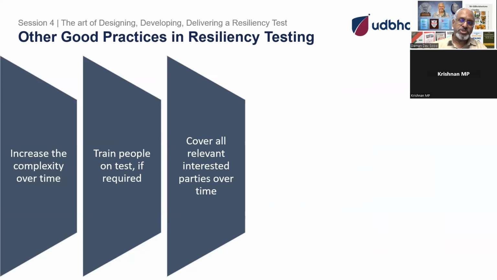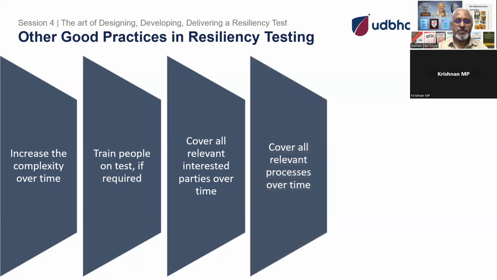Second, third test onwards, starting involving the other external parties also. You say, now we are involving customers. Next, we will involve the vendors also. Next, we will involve the government or the regulator also. Someday, we will involve the members of the public also, citizens.